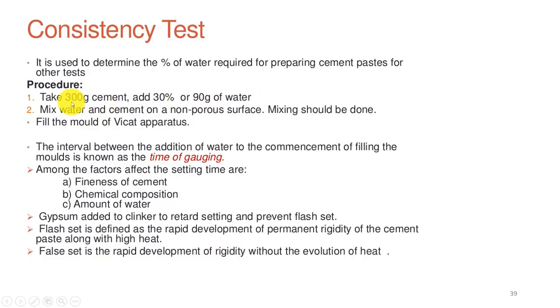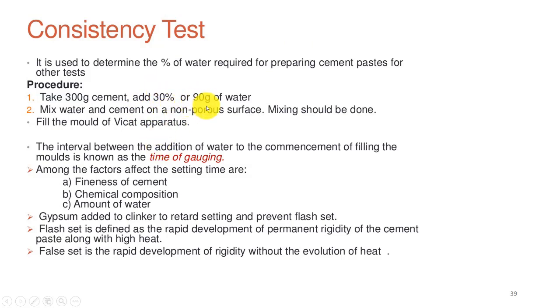You have 300 grams of cement and around 30% water, which means you have a 30% consistency. It depends upon the fineness of a cement, how fresh and fine your cement sample is. If your cement sample is very fine, very reactive, then it would have a higher percentage of consistency.